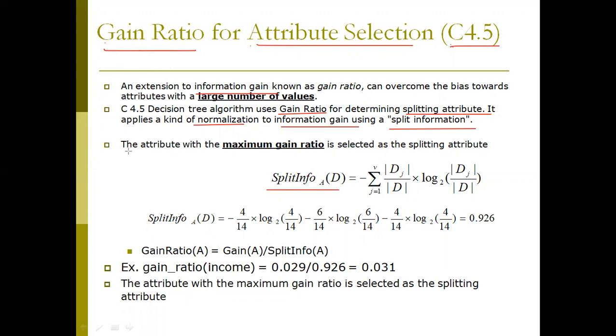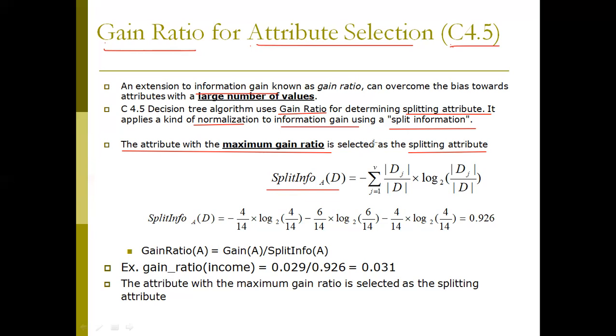The attribute with the maximum gain ratio is selected as the splitting attribute. Whichever attribute gets the maximum gain ratio, that attribute you may call the splitting attribute here, right?